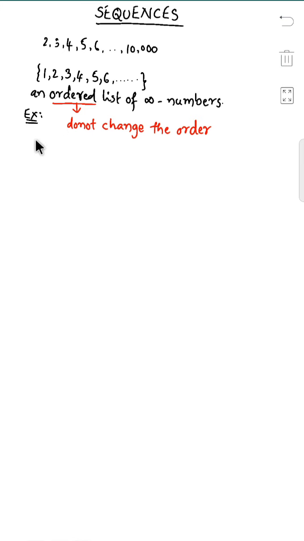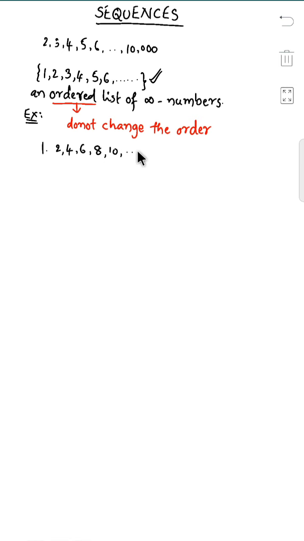So while we examine some of the sequences, the first example we are given here is 1, 2, 3, 4, 5, 6, and so on up to infinity. This is the sequence of natural numbers. For example, another example, if we give 2, 4, 6, 8, 10, and so on.